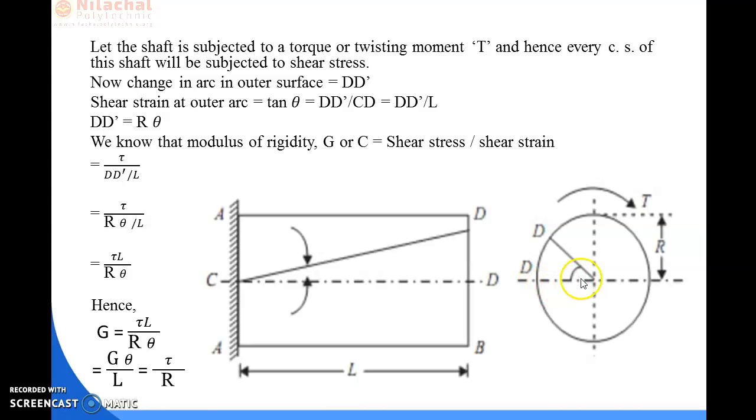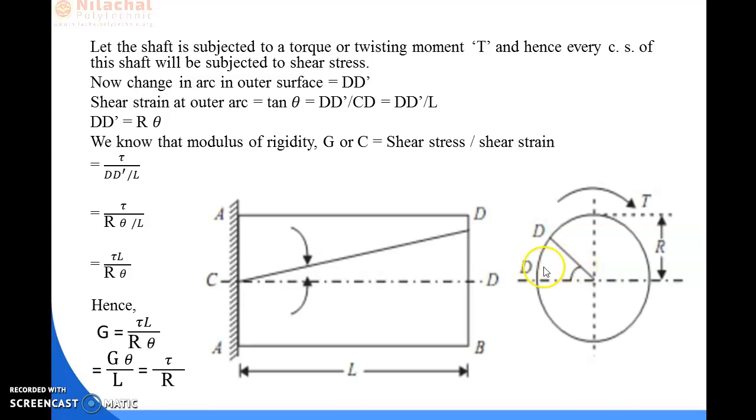So now, according to the geometry, we know that the arc value, that means this much value, we can find out by multiplying two things. One is the radius and another is the angle. Here the radius value is capital R and the angle is theta.